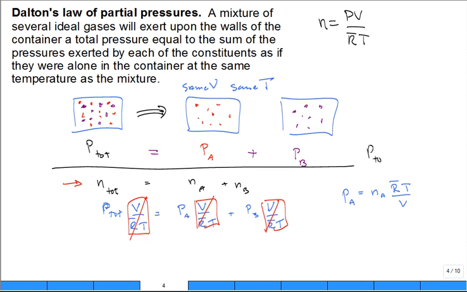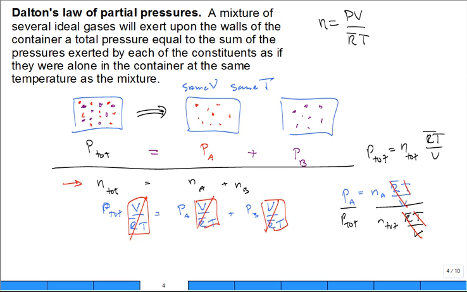P total is equal to N total R bar T over V. True? Okay. So take this equation and divide the left-hand side by P total and the right-hand side by P total, but instead of P total, put N total R bar T over V. These cancel.